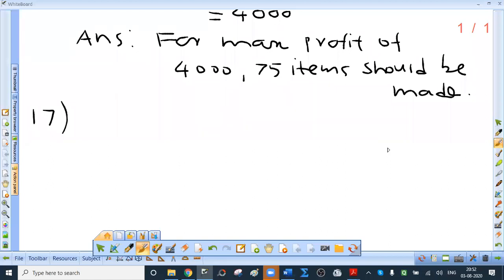Okay, I'll tell you the answer directly: 6 and 9. How? This is a shortcut method. Just in a few seconds we can get the answer. Of course, this method you have to use in CET, not in board exam. So first we will use the standard method, and then I'll tell you the shortcut method.